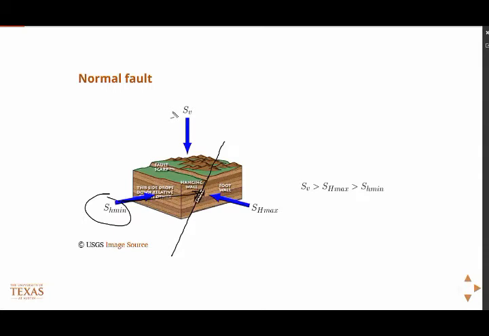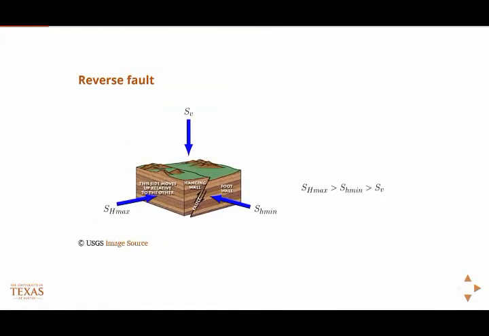So then we have the reverse fault, which is just the opposite, right? So again, in this case, the vertical stress is less than the two horizontal stresses to accommodate the motion of the hanging wall moving up, right?